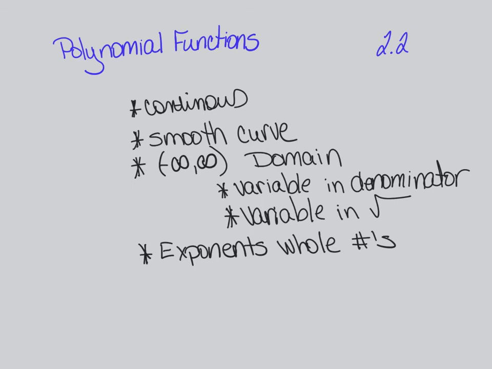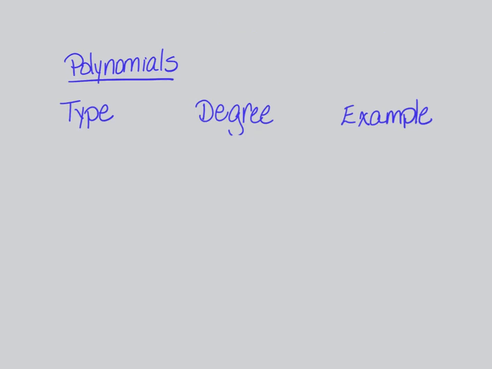So now I'm going to talk about specific types of polynomials. Now, we have been talking about a constant since before you were in kindergarten. A constant has a degree of 0. An example of a constant are all your numbers with no variable.